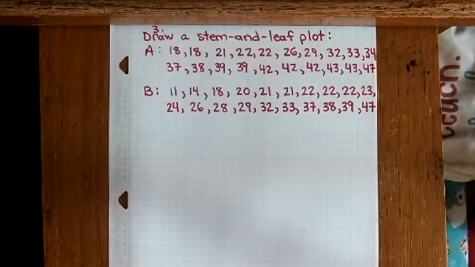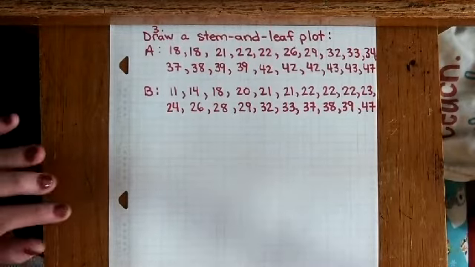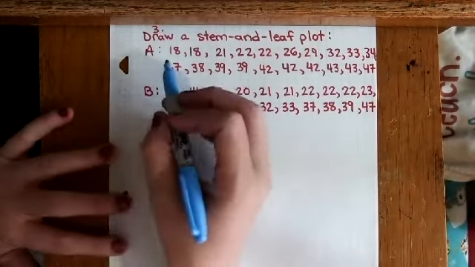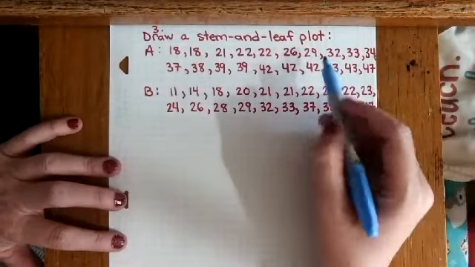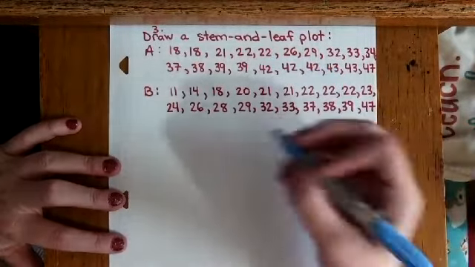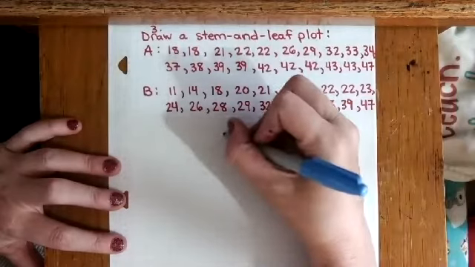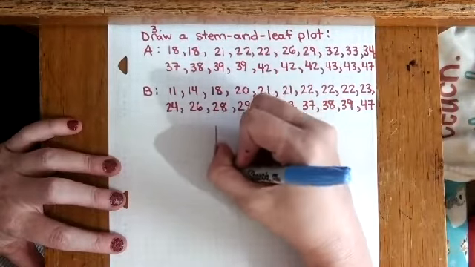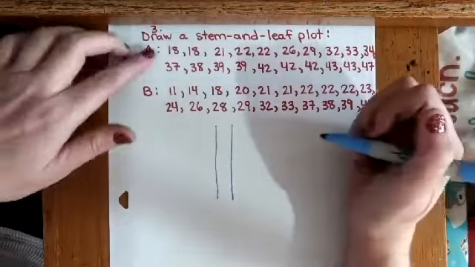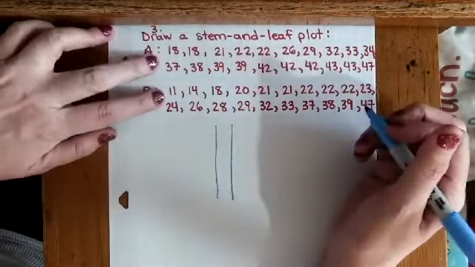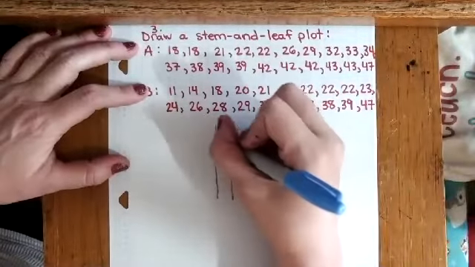Let's draw a stem and leaf plot for these two sets of data. We'll draw them on the same stem and leaf plot. The stem will be the tens place, and the leaves will be the ones digits. So let's pick ourselves a column to be the stem. And we see that we need in both cases to start at the tens.